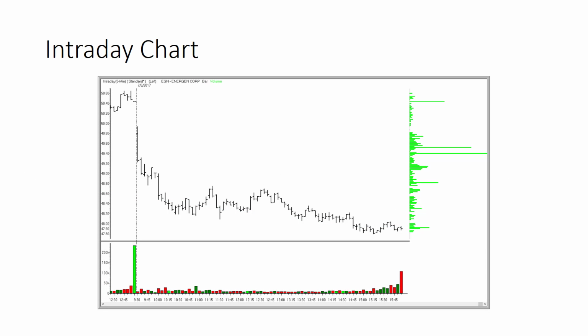So on the intraday chart, we can see a bunch of stuff about this day in particular. We had a big move down early in the session. That's pretty typical, that they're going to try to get something done, and they're going to try to get it done early. And then this is going to happen over the course of the day where you just get this sort of lunchtime dribble going sideways, but the slope of the thing keeps moving to the downside over the course of the day.